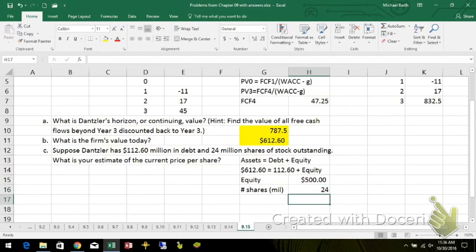So I'm just going to put 24 million shares because that's $500 million, because all these numbers were in millions. Then the share price for each share, if all the shares are worth 500 million, then divide by 24 tells you that each share is worth $20.83.